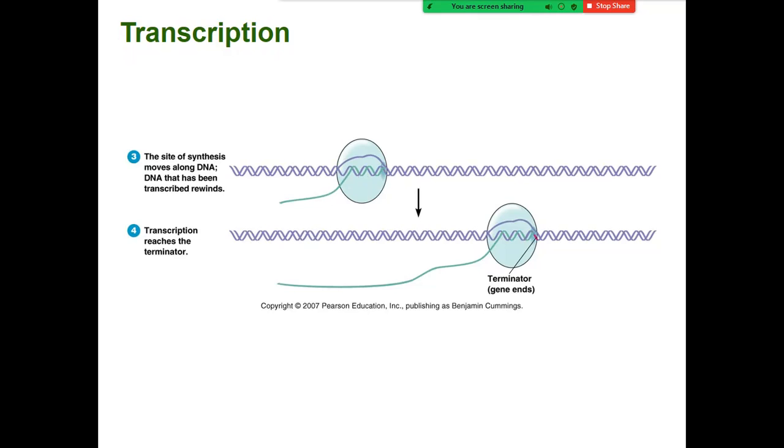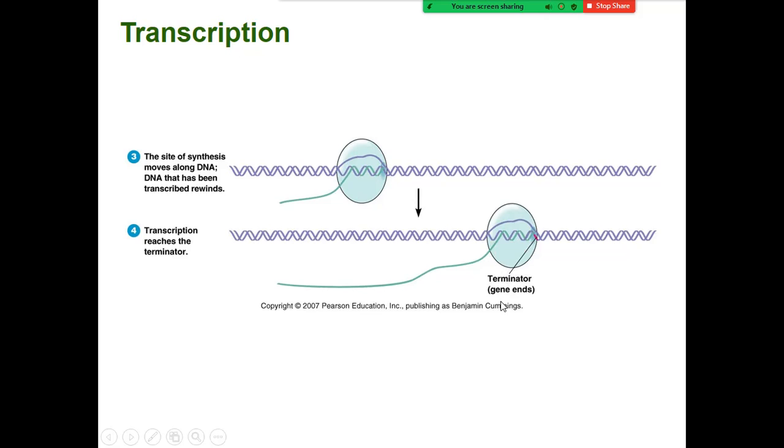That RNA polymerase then moves down the DNA, and it uses the DNA as a template to make the RNA strand. So it puts on the complementary base of RNA. And then as it moves down the strand, it adds more nucleotides. And that RNA polymerase will move down the gene until it reaches the terminator.